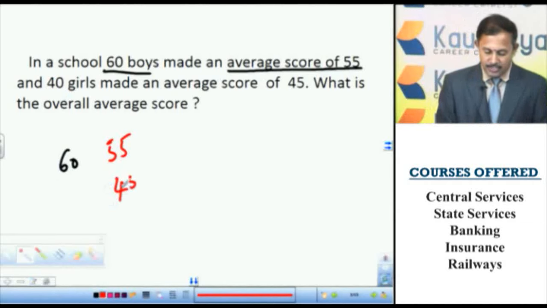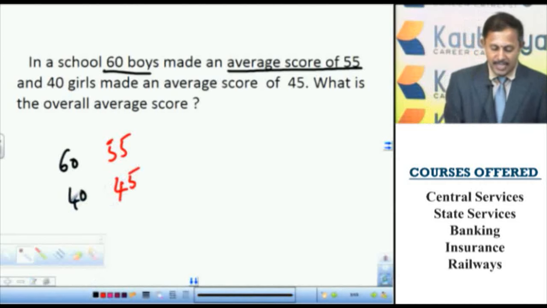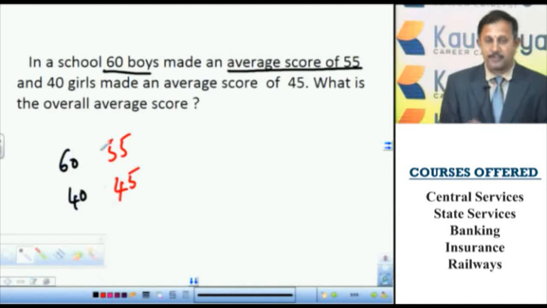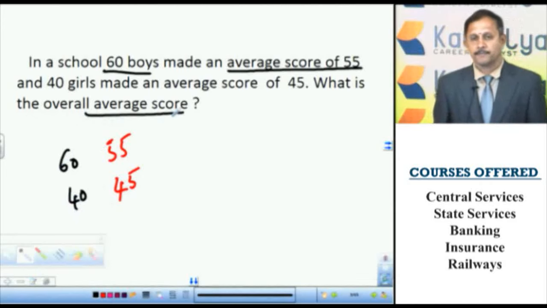The average score of 60 boys is 55 and the average score of 40 girls is 45. And here the question is, what is the overall average score, right?